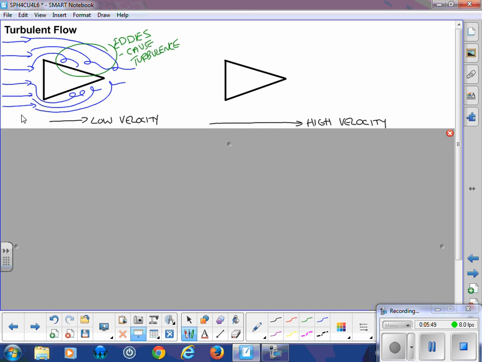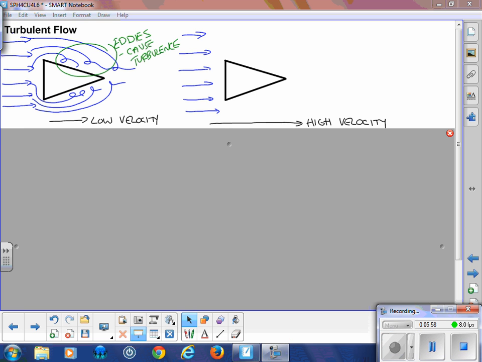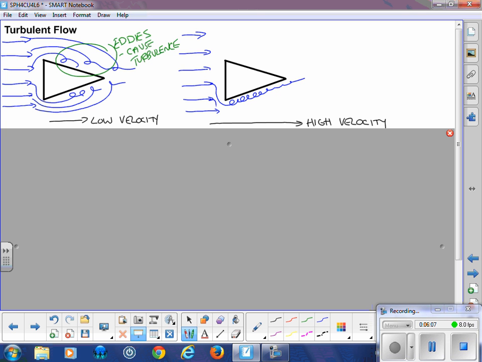However, if I draw the same number of lines here, so 1, 2, 3, 4, 5, 6. Now at the high velocity, those eddies are much more intense. So I'm going to exaggerate them.